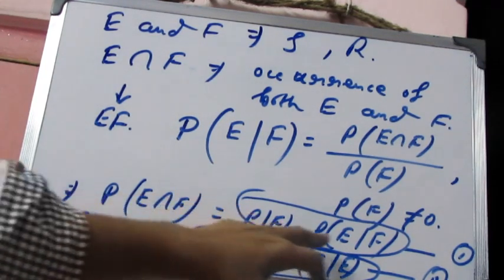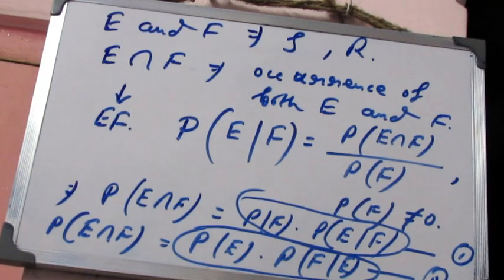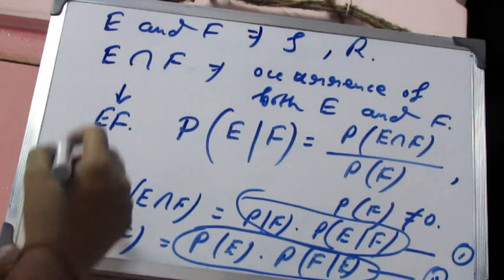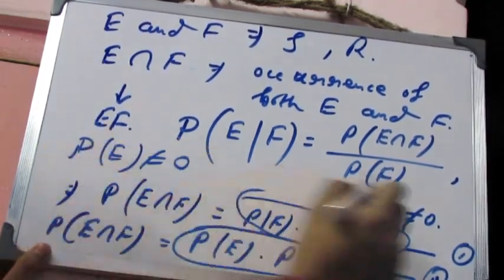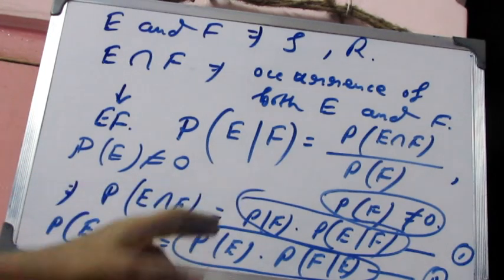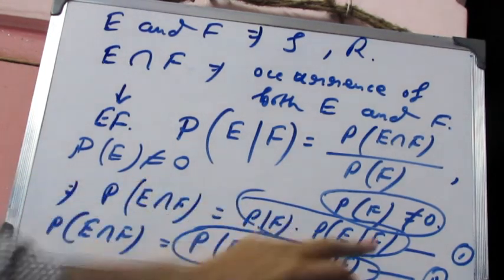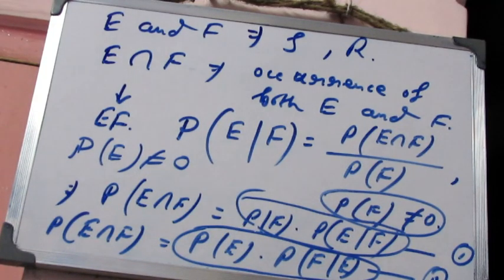That means P of F into P of E condition F is equal to P of E into P of F condition that E, provided that P of E not equal to 0 and P of F not equal to 0. It is important.